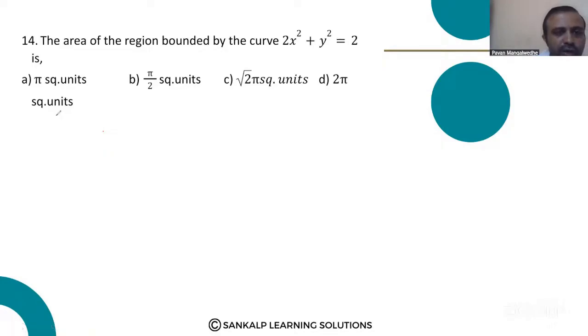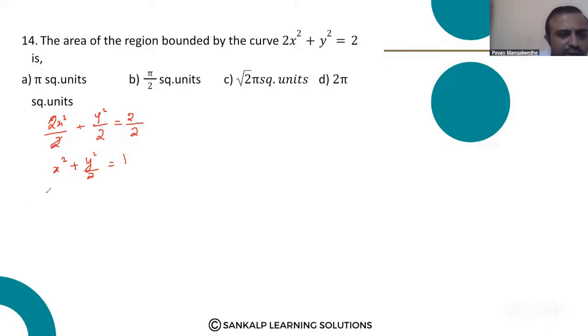So let me try to rewrite this equation into the standard form. Divide the whole equation by 2, that is 2x square by 2 plus y square by 2 equals 2 by 2. On solving this, the 2 and 2 get cancelled, and we are left with x square plus y square by 2 is equals to 1.